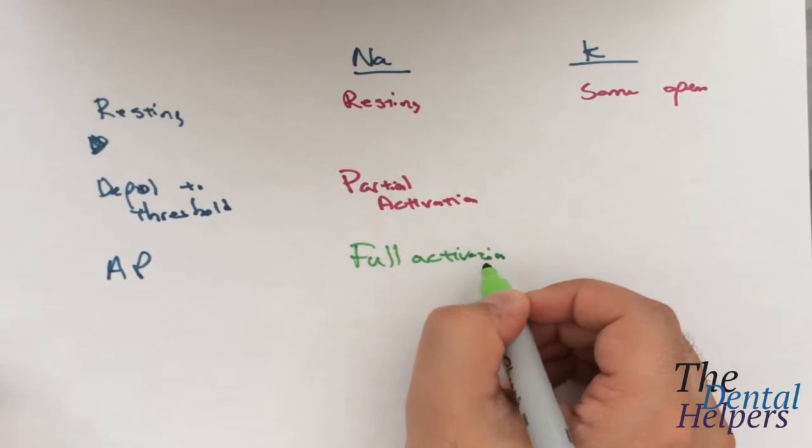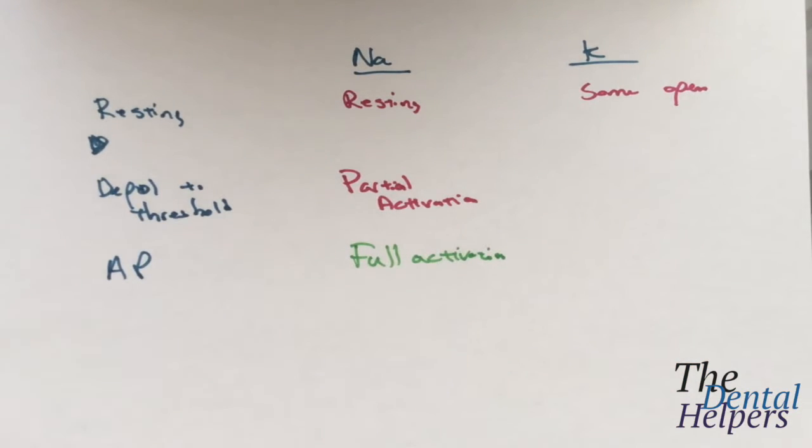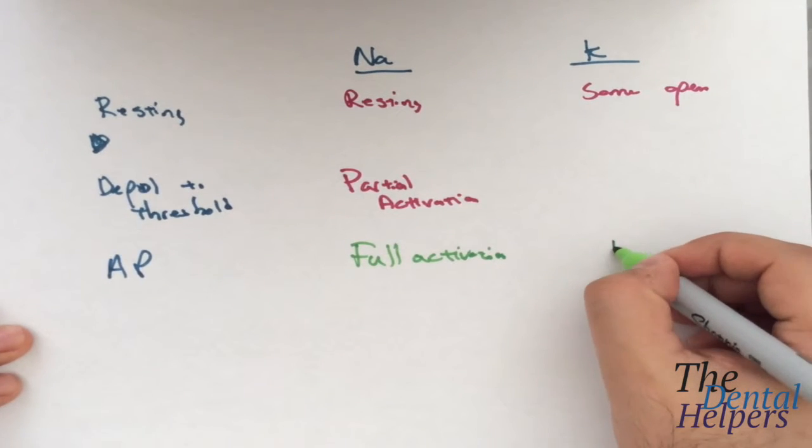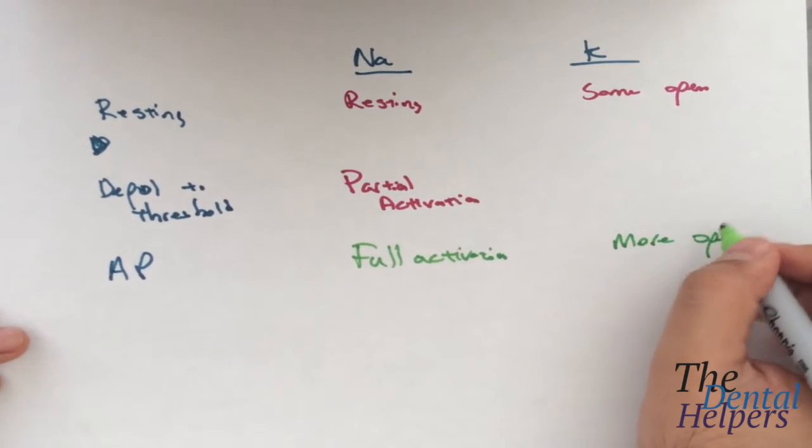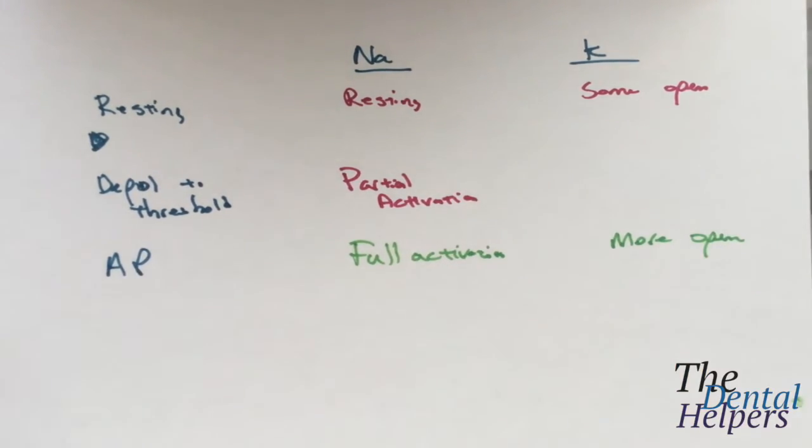So our sodium channels are completely open. We're having a rush of sodium coming in, becoming more positive in terms of the membrane. And now what's happening is the potassium channels are having more of them opening up. And this is to control how positive the membrane gets.